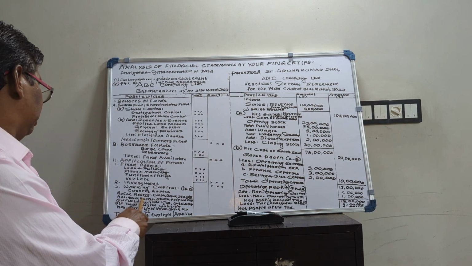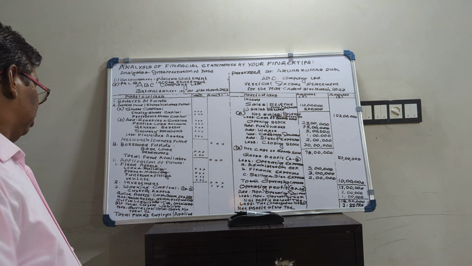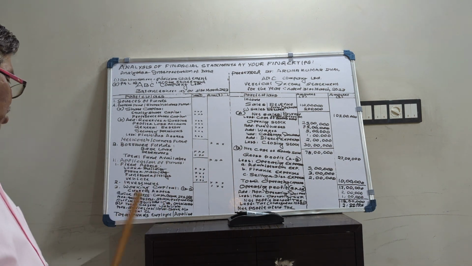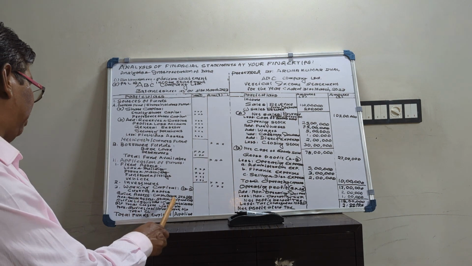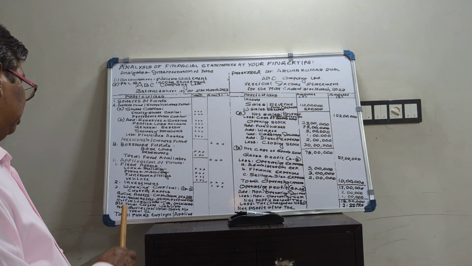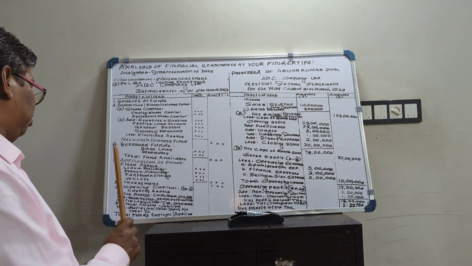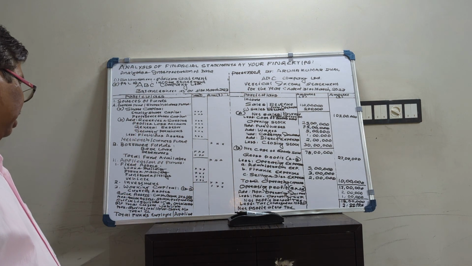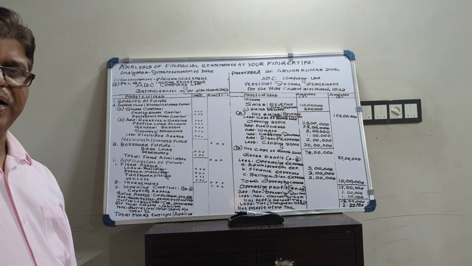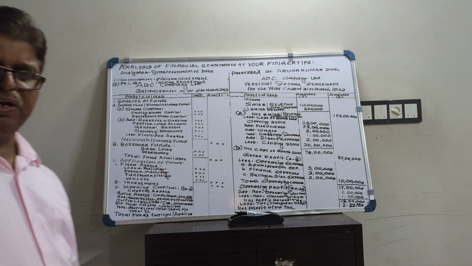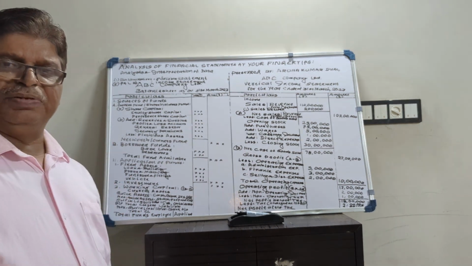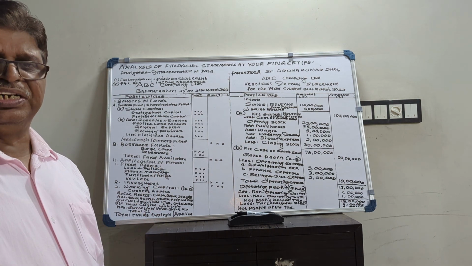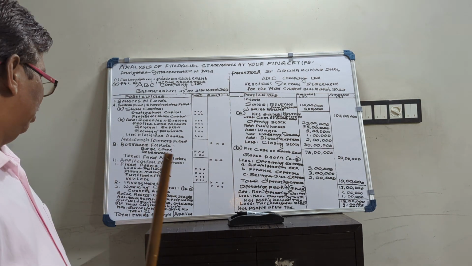Then current liability is also divided into two parts. One is quick liability, that is sundry creditors, bills payable and outstanding expenses. These are quick liabilities. And non-quick liability is bank overdraft, because we have already said working capital gap is equal to current assets minus current liability excluding bank borrowing.